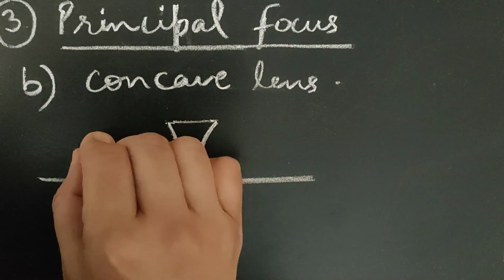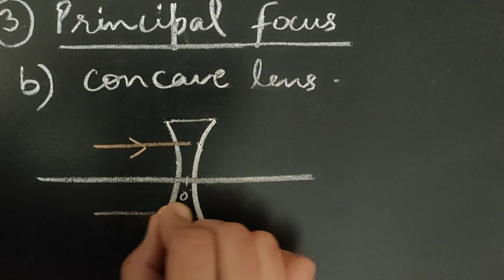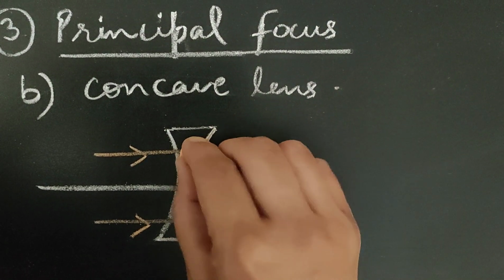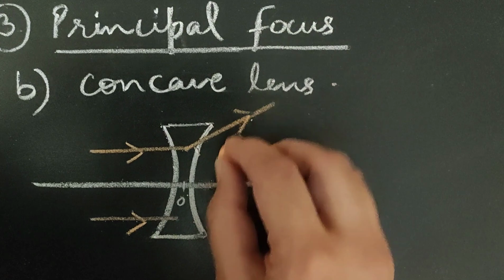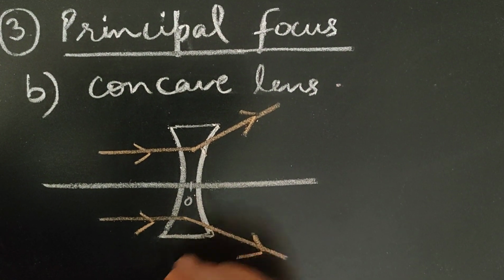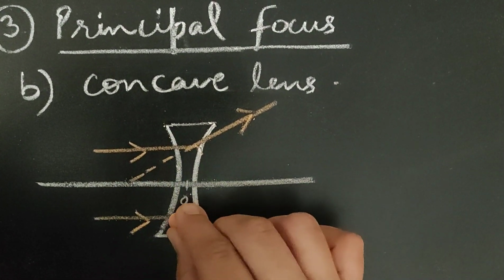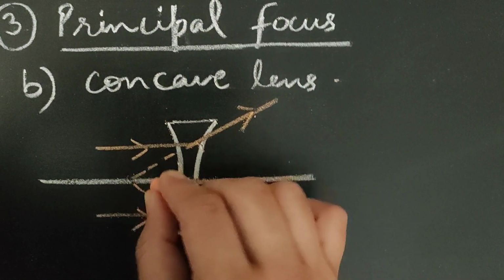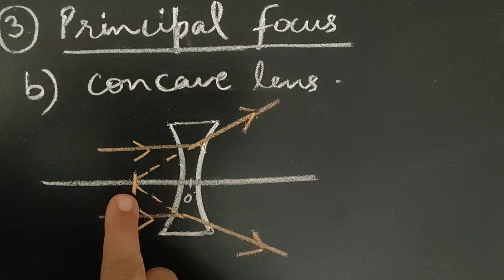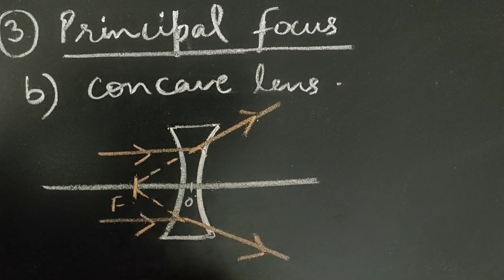Now suppose parallel light rays are incident on a concave lens. We observe that after refraction, these light rays will get diverged. And if I produce back these diverged light rays, they appear to meet at a point on the principal axis, and this point is labeled as the focus of the concave lens.